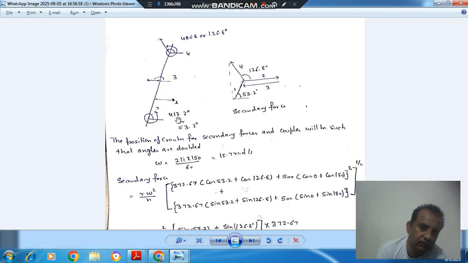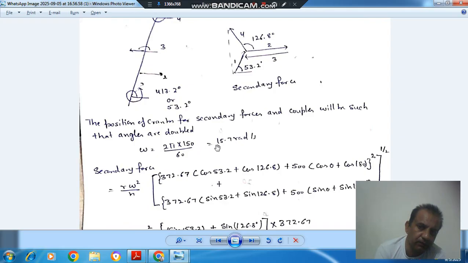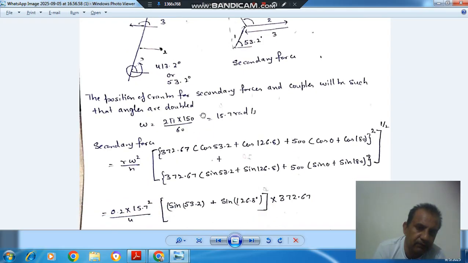Similarly, this double will be 413.2, or we can say 53.2 degrees. To keep these two in the same position, this will also be doubled. Previously it was 90 for primary crank, for secondary crank it is 180. And omega is 2 pi N by 60, so at 150 rpm it will be 15.7 rad/s.